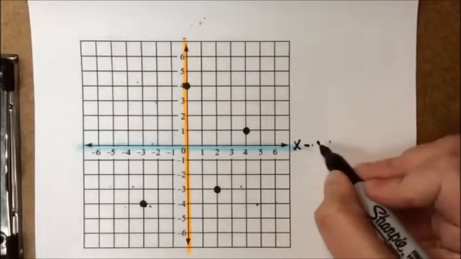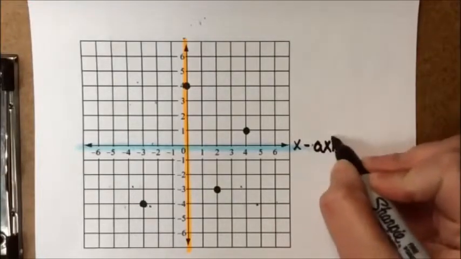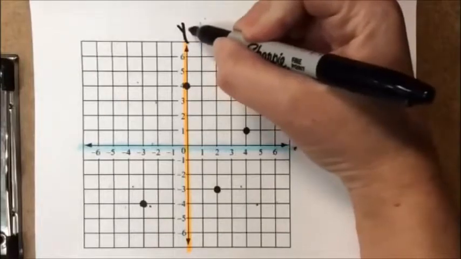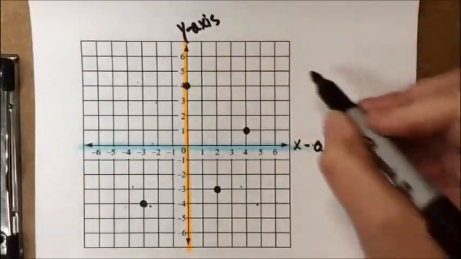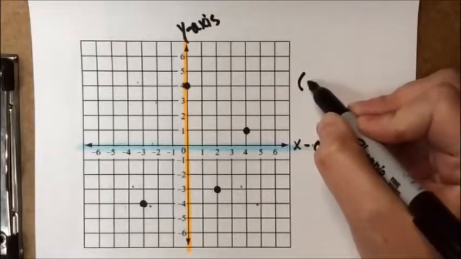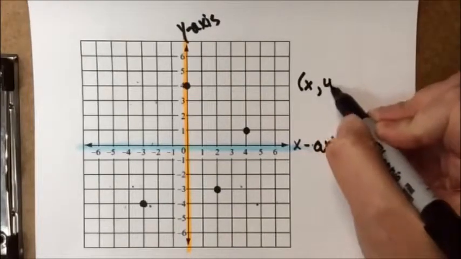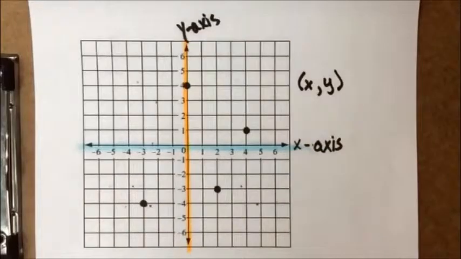It's their home, so to speak. So I'm just going to label my axis again just to refresh your memory. And our coordinate pair always takes on an x, y order. So you'll always have the x number first and the y number second.